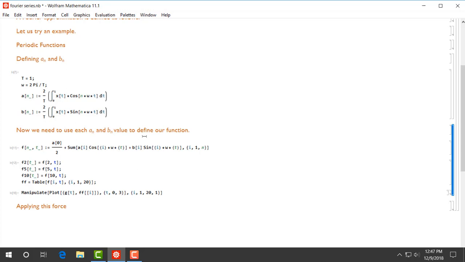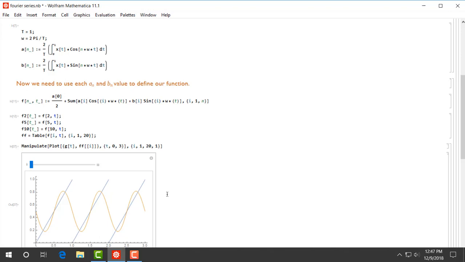Same with b. b from 1 to n times the sine terms. Now I can tell it the number of terms I want. So this is a function of 2 terms, and this is a function of 5 terms and 10 terms. And I can make a table of all my functions for the first 20 terms of the series.